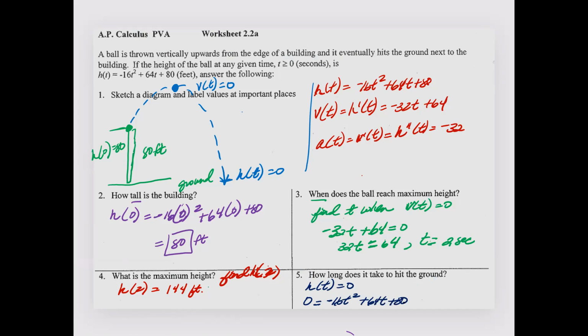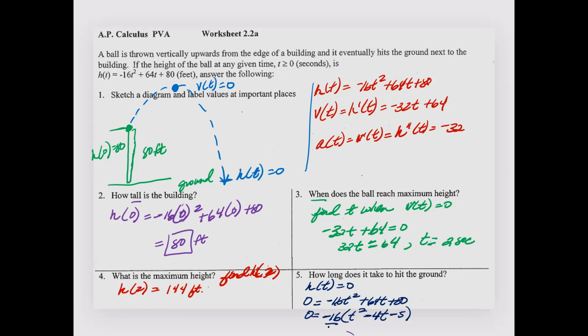And I'm going to go ahead and factor that out. What I can do is take out a negative 16. So 0 equals negative 16 times t squared minus 4t minus 5. That 16 is not going to do anything for me, since it doesn't have a variable attached to it, so I'm not even going to bother with it.